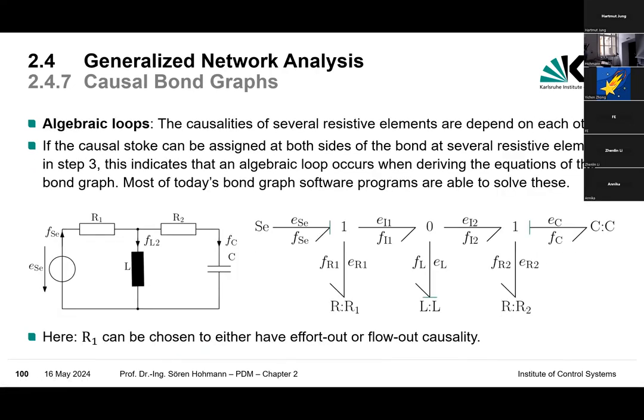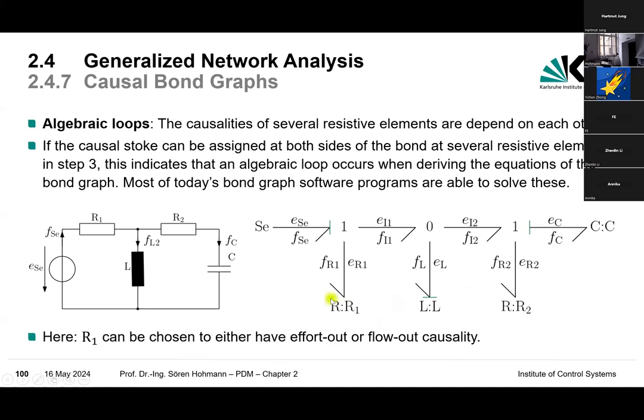So now there might be algebraic loops. The causalities of several resistive elements are dependent on each other. So for example, if you look here at R1 and R2, you can assign R1 here, then one junction fits here, then you propagate, and this has an effect on R2.